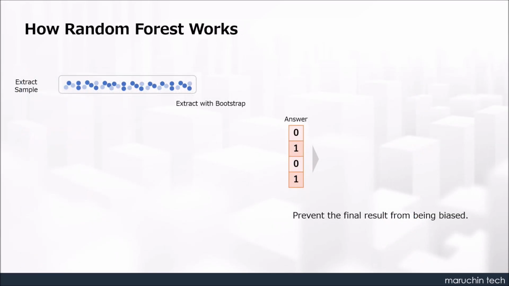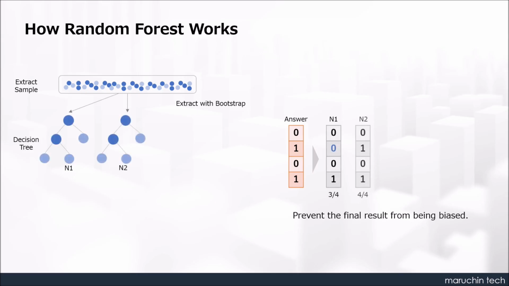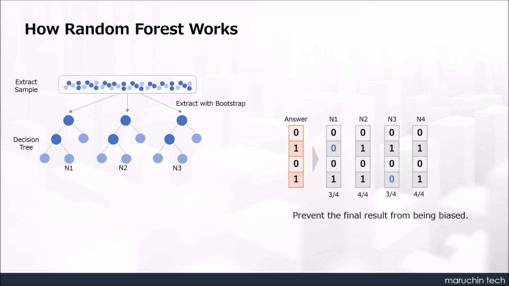Now let's focus on the random forest. First, the algorithm extracts random datasets from the sample to create multiple decision trees. Next, it performs calculations using each of these decision trees. The result for each tree is calculated by tracing the data down to the final node.